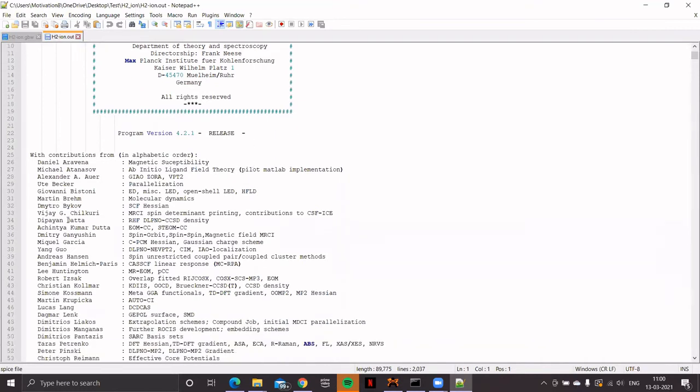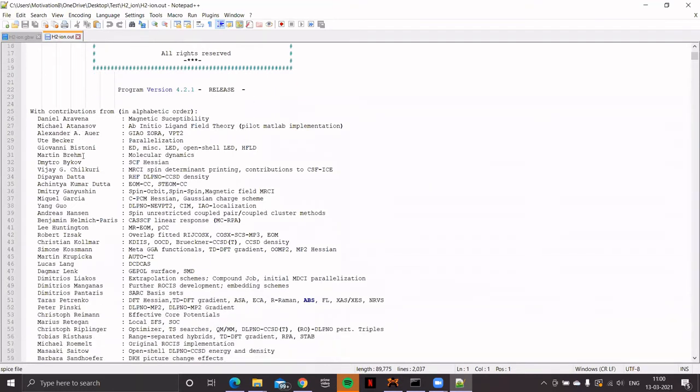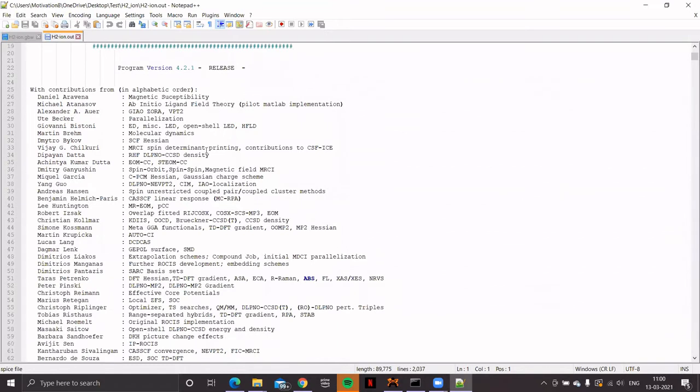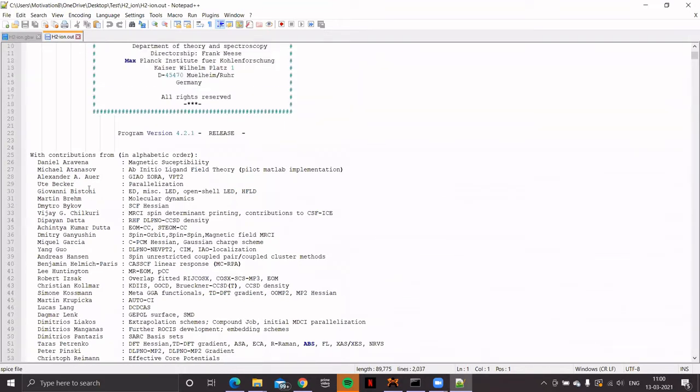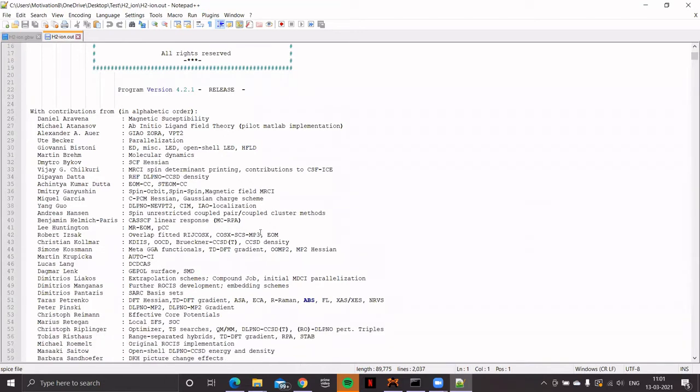Then they name all the persons who have contributed to the development of this software, and specifically what they have done. For example, Daniel Aravena has contributed for calculating magnetic susceptibility, and many other names. So thank you to all these developers for giving us the chance, free of cost, to do all the possible calculations.